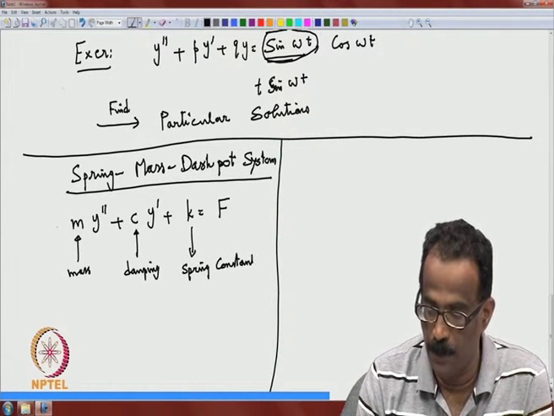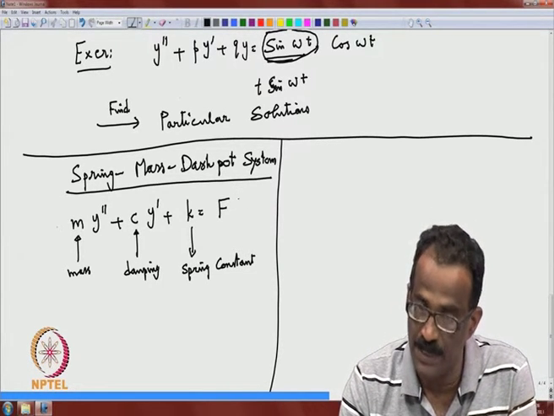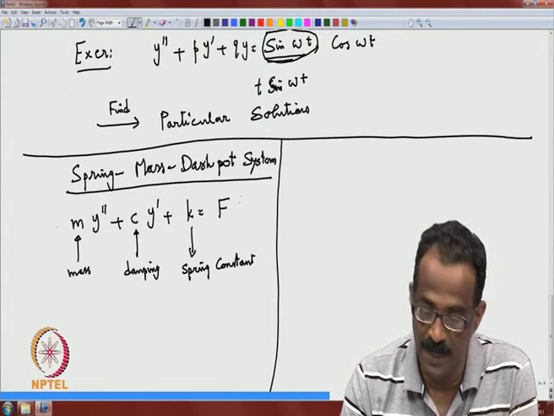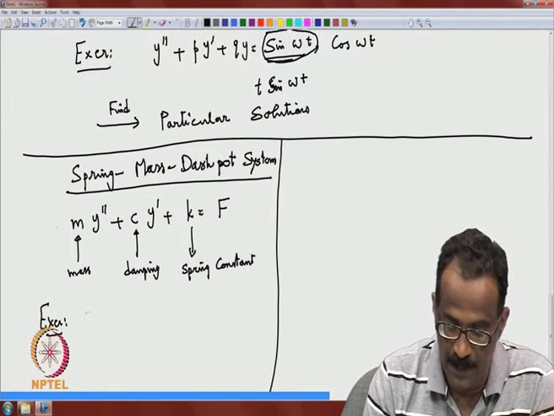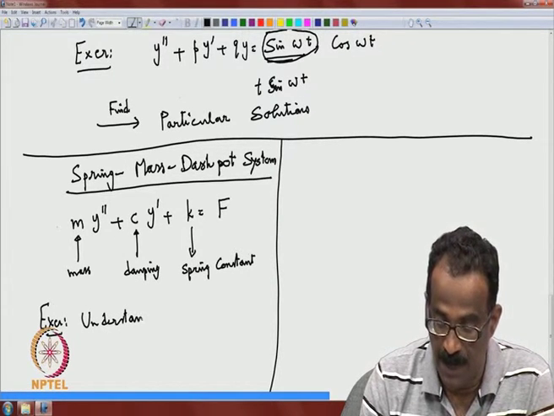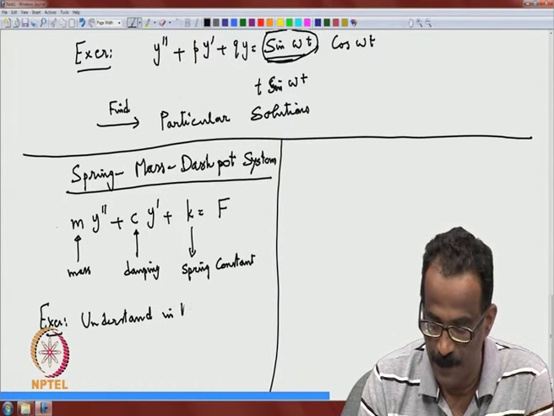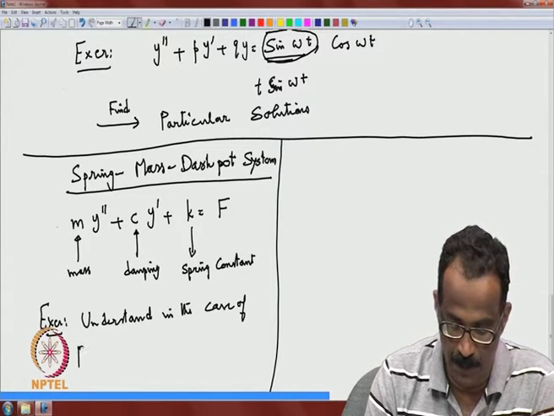What I would like the students to do when they read this, try to understand this equation, even in the case of exercises, understand in the case of an RLC circuit.